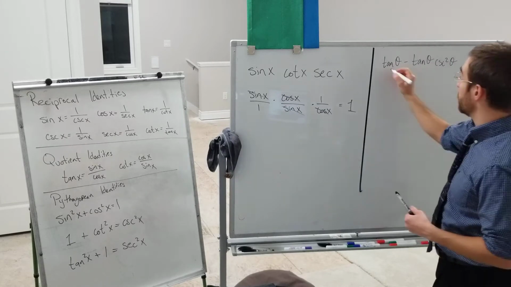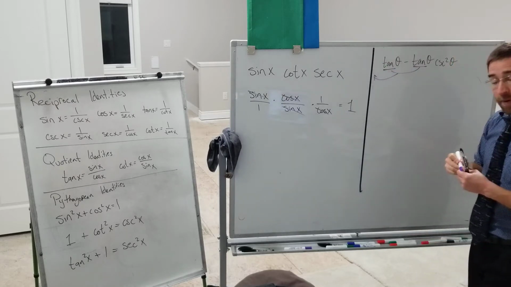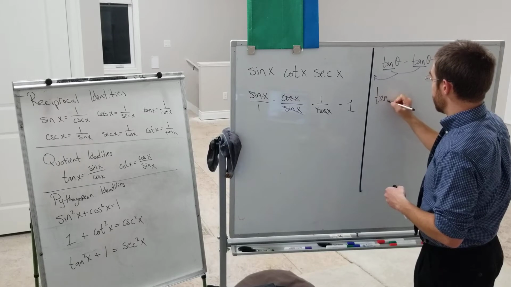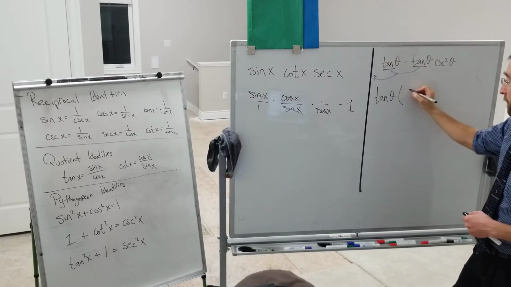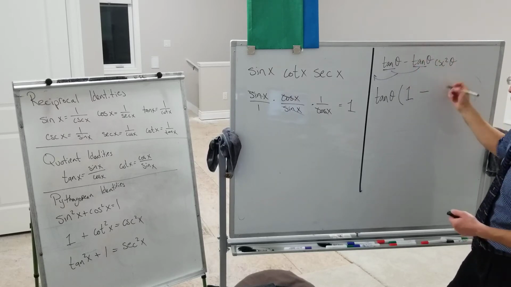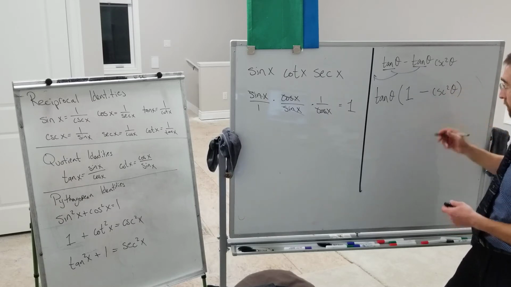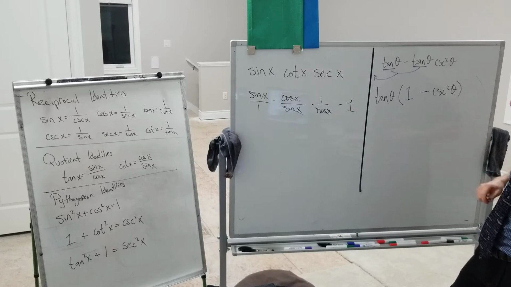So I'm going to factor out that tangent theta by dividing it out. So I get tangent theta times tan theta divided by tan theta would give me 1, and then minus, divide out this, so I just get cosecant squared theta. So tangent theta times 1 minus cosecant squared theta.